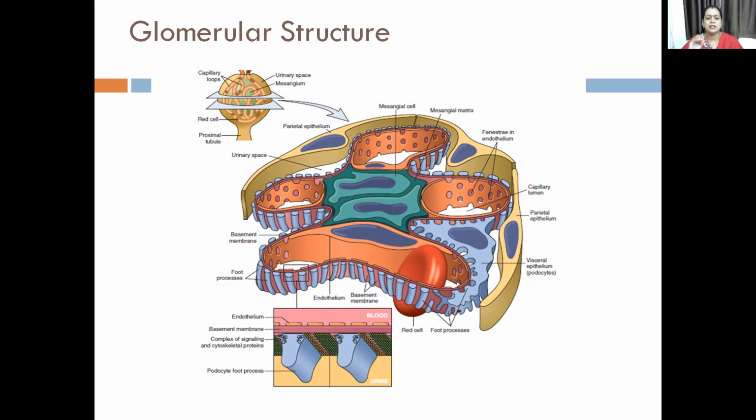So these chains have a C terminal and an N terminal. Okay, in between there is a triple helical domain. Okay, these all together are bound to form the basement membrane of the glomerular structure.